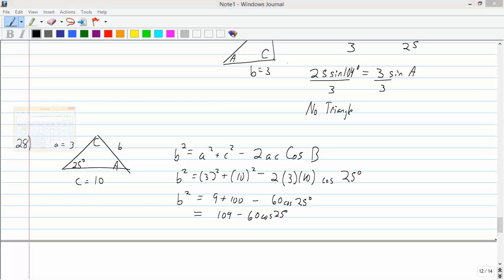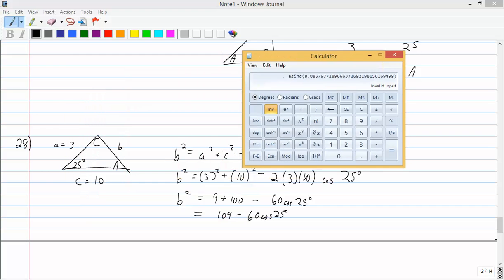I'll do that in a calculator. And remember, that's what b squared equals. So I do need to take the square root of both sides. So 109 minus 60 times 25 cosine equals, alright, and so I have to take the square root of that. That should give me b.